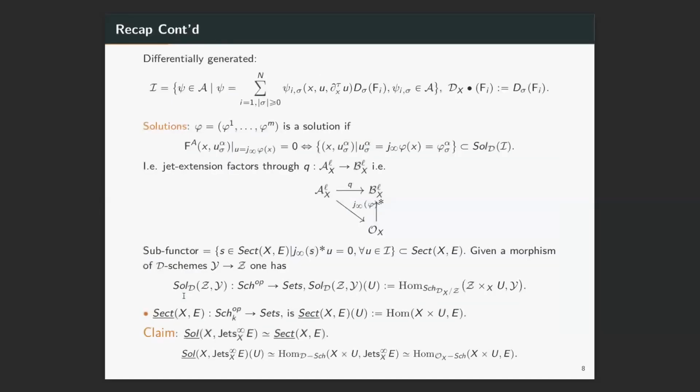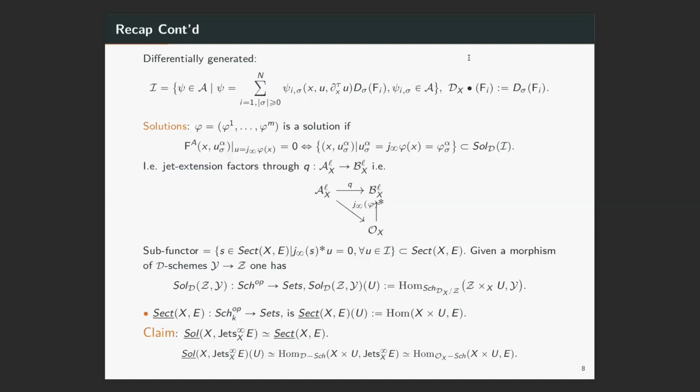Okay, so again, we saw these differentially generated objects. These were very interesting for us, and these were essentially the infinite prolongations of the PDEs. So you can formally prove that a formally integrable nonlinear PDE in the jet space approach gives rise to an infinite prolongation, and this is isomorphic in the algebraic category to a D scheme with a differentially generated ideal.